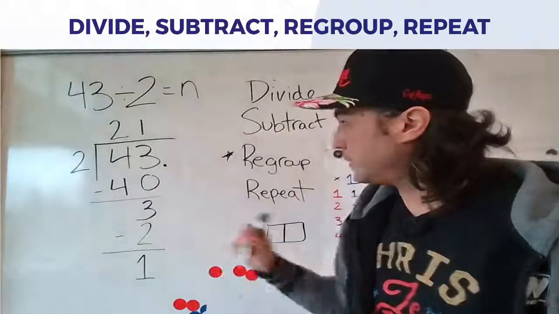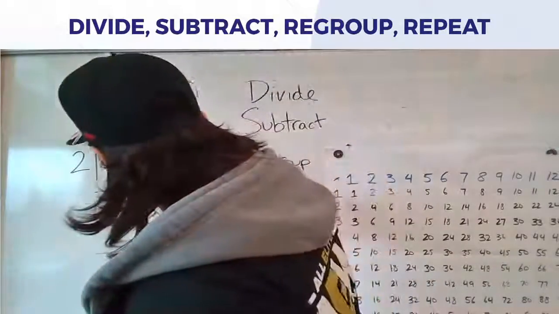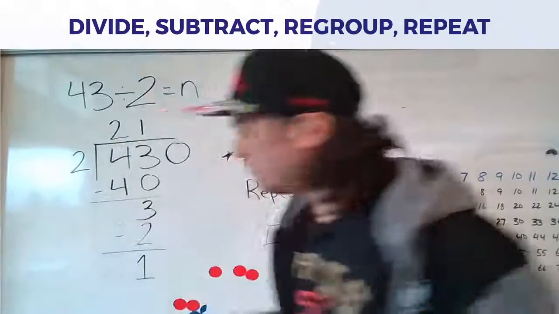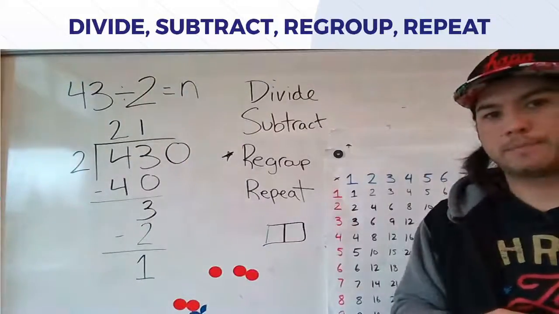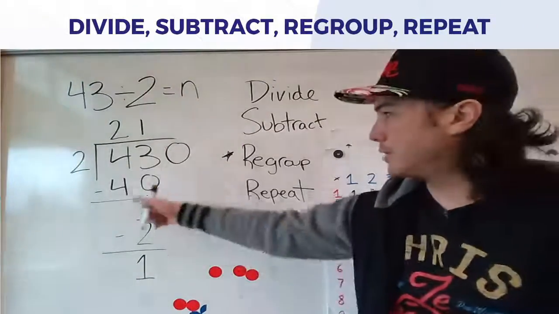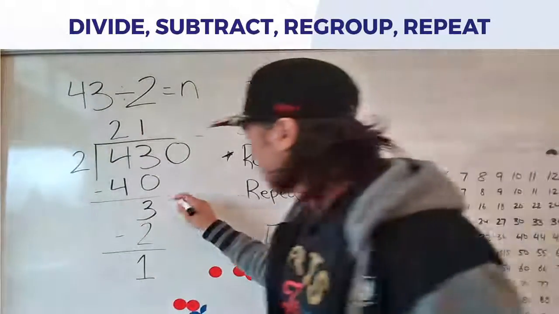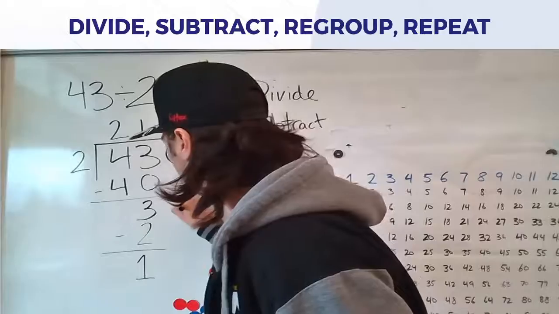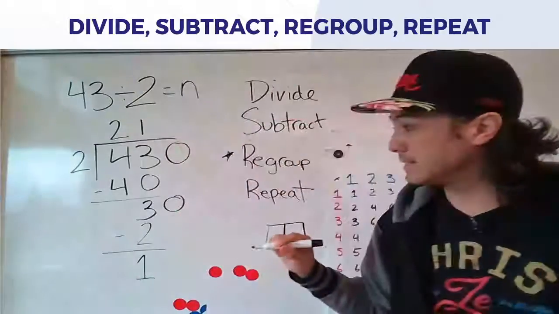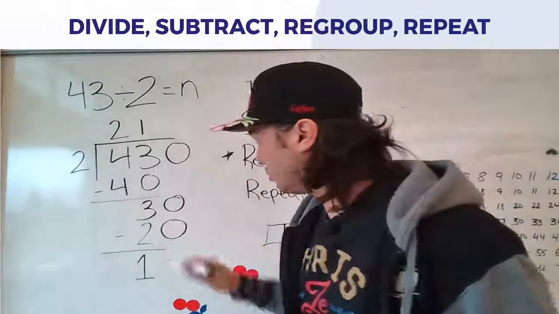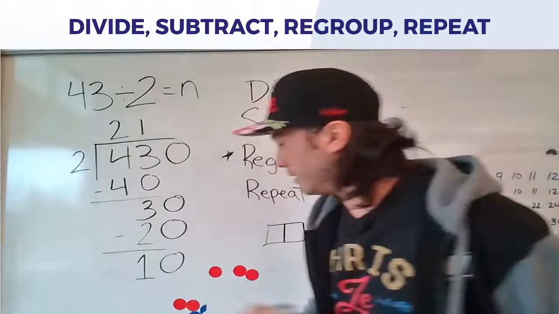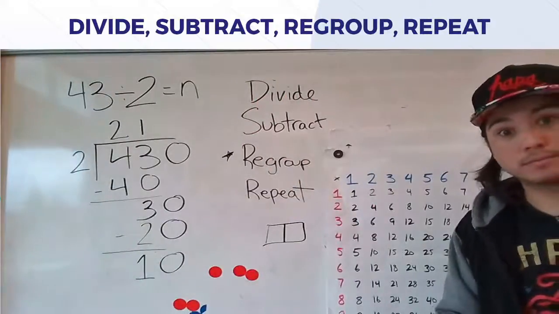Just like, let's say if we had the number 430 divided by 2, we would have had 3 tens left, subtracted 2 tens, and have 1 ten left, or 10 ones.